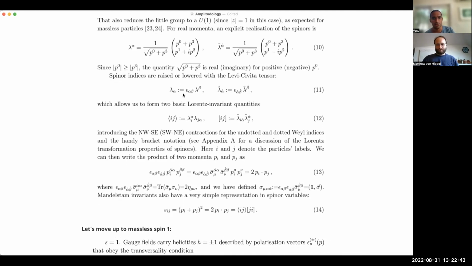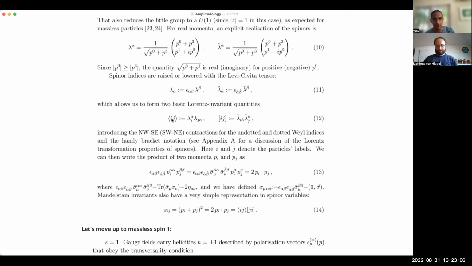And on this alpha alpha dot space, there are these Levi-Civita tensors with both undotted or both dotted indices. And that's the only thing we use to raise or lower these indices. And we can contract them using epsilon. So we can contract the lambdas and we can contract the lambda tildes.